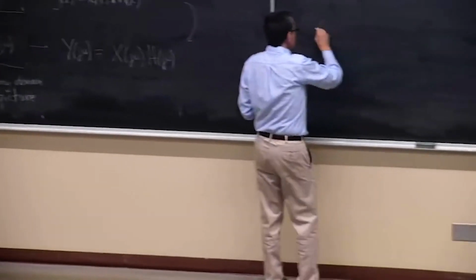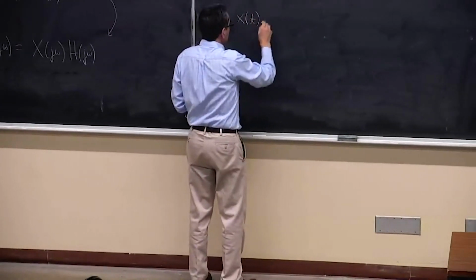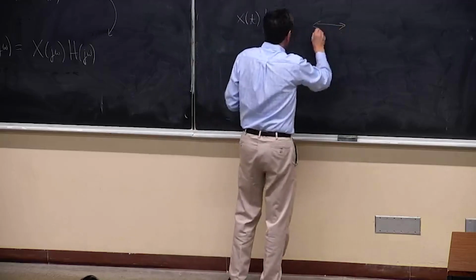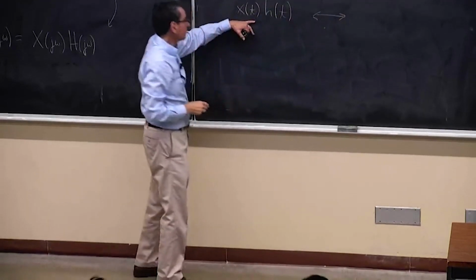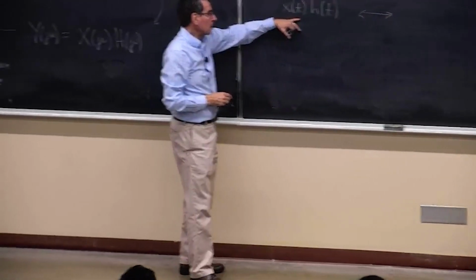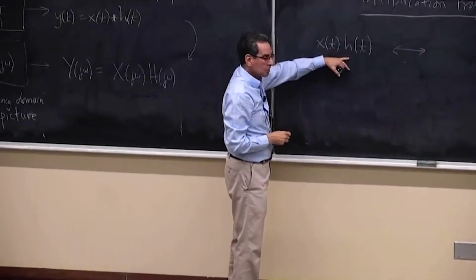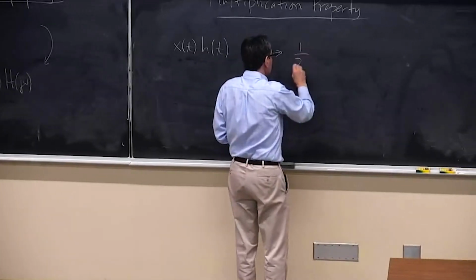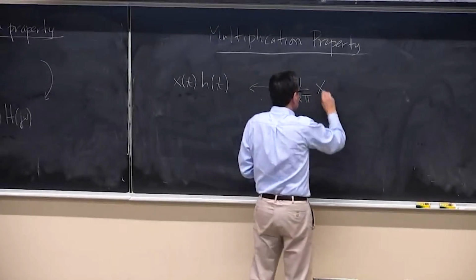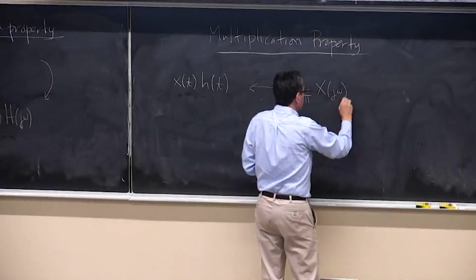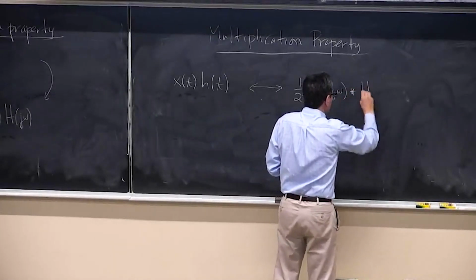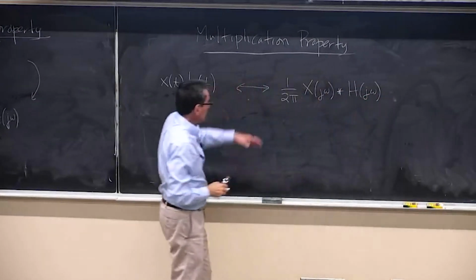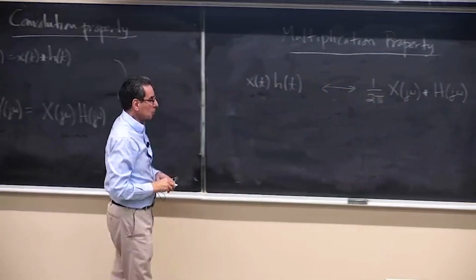So the multiplication property is the dual of that, which says that if we have multiplication in the time domain, it should become something like convolution in the frequency domain. But it turns out there's a little bit of a scale factor to make it all work out. It becomes 1 over 2 pi times the convolution.